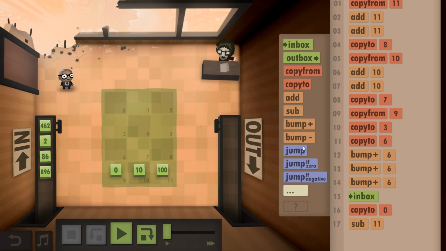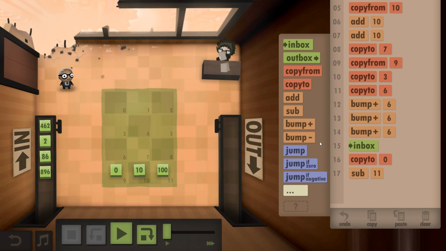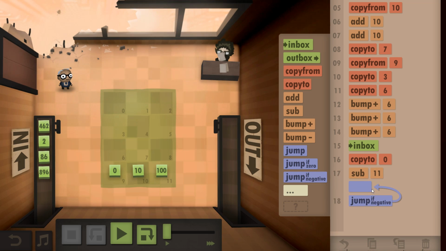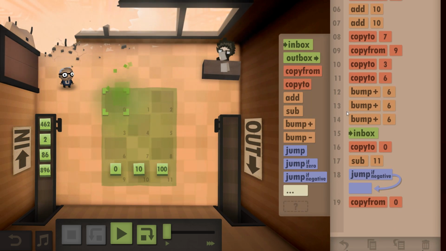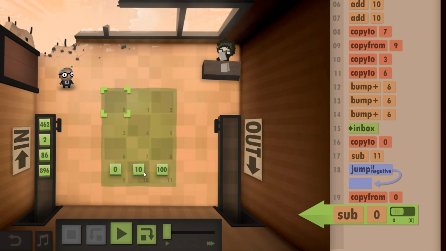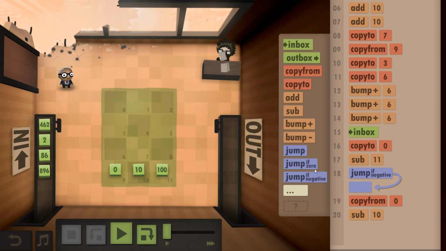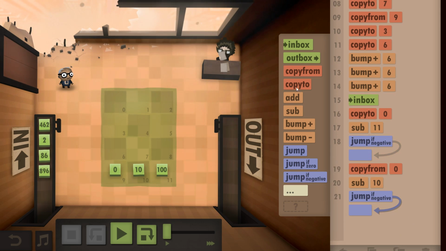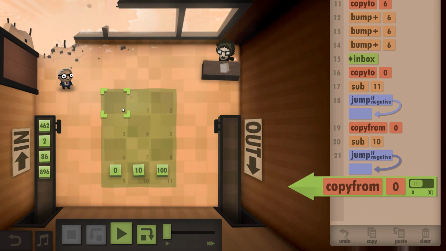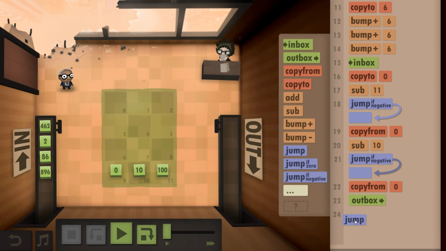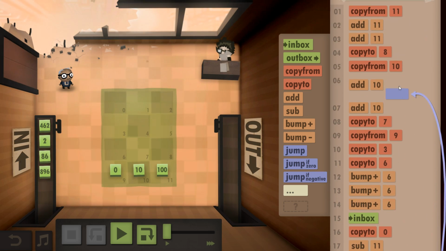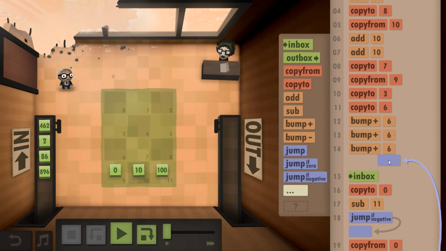We'll see. So I subtract 100, if that is negative, copy from 0, subtract 10, if that is negative, outbox the input directly, okay. And then I only need to go up here.